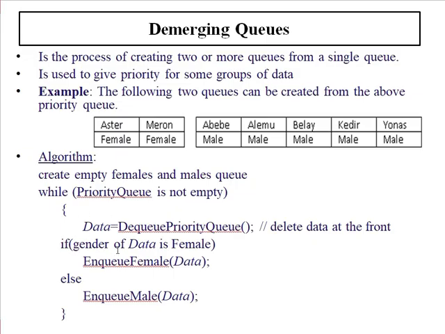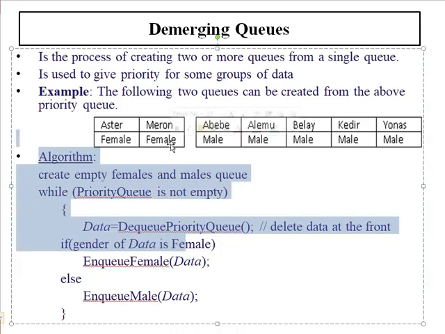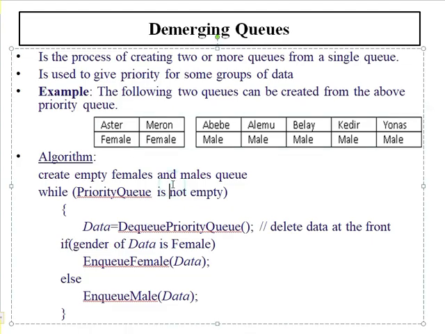If the gender of the removed data is female, then we should enqueue into the female queue. If it is male, then we should enqueue into the male queue. So this demerging process is performed by removing an item from the priority queue, then enqueuing into the appropriate queue based on the priority category.